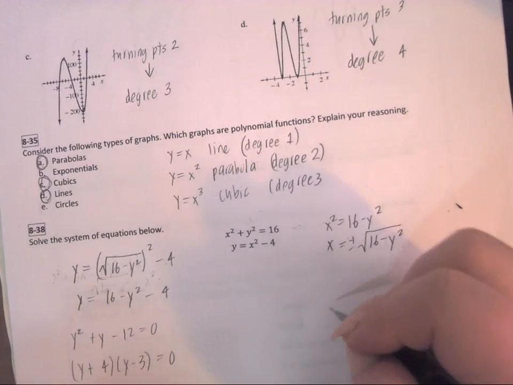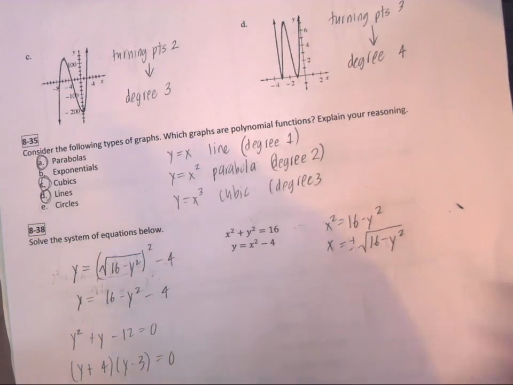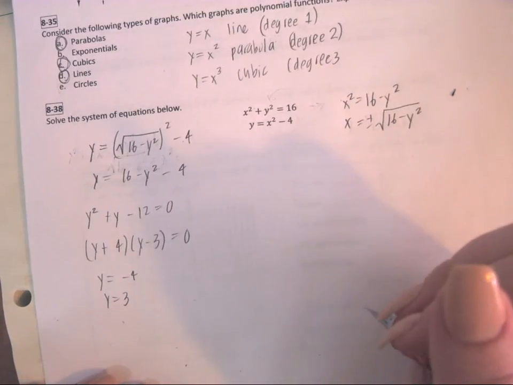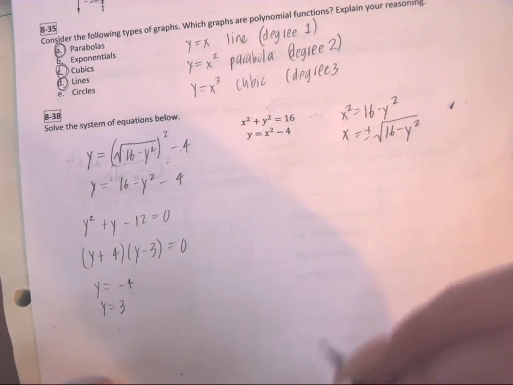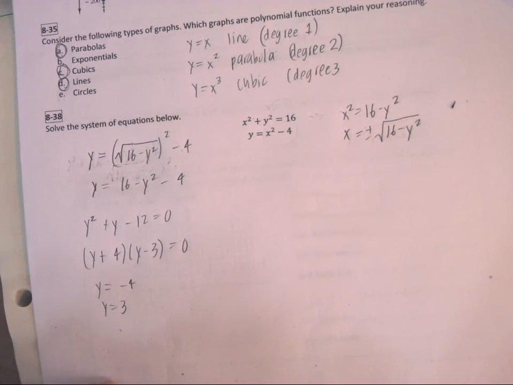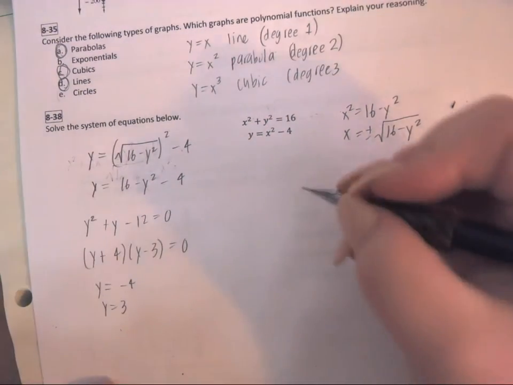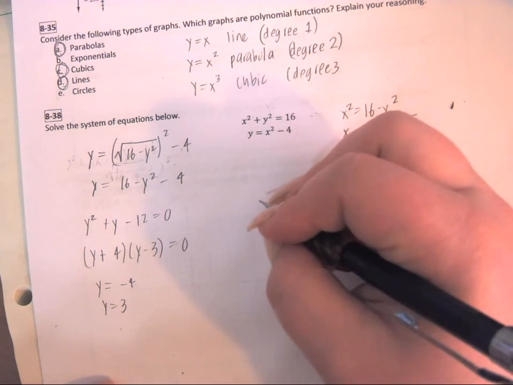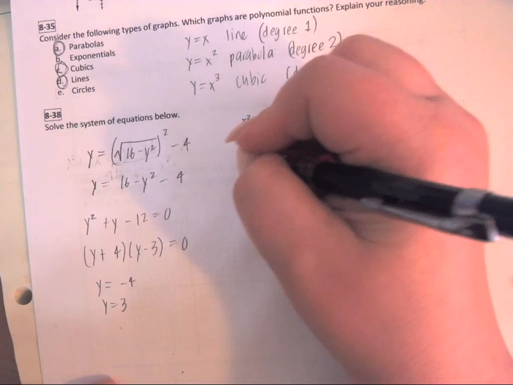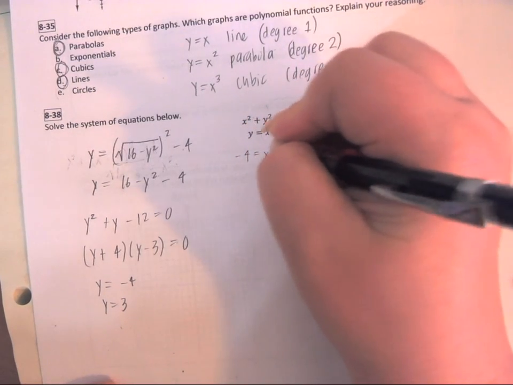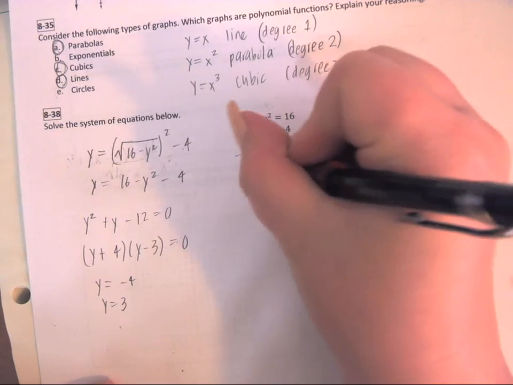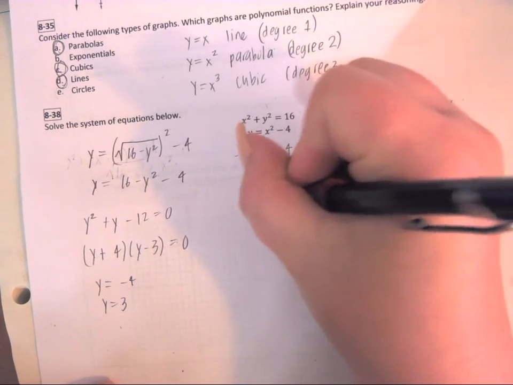This is a circle and a parabola, remember, so you could possibly have 4 points of intersection. So plug in these for y. Negative 4 equals x squared minus 4. So then you get x squared equals 0, so x equals 0.